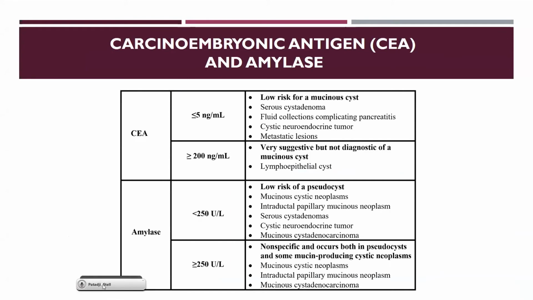Although a CEA level of less than 5 nanograms per milliliter implies a low risk of mucinous cyst, a level greater or equal to 200 nanograms per milliliter is very suggestive but not diagnostic of a mucinous cyst, because levels above 192 nanograms per milliliter are only 80% accurate. On the other hand, low and high levels of amylase can be seen in mucinous cyst.